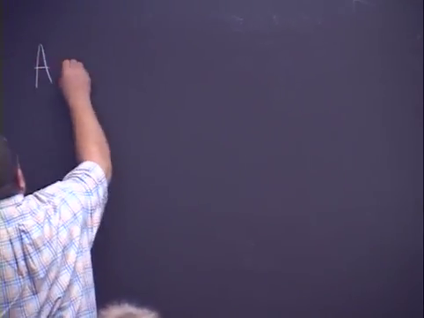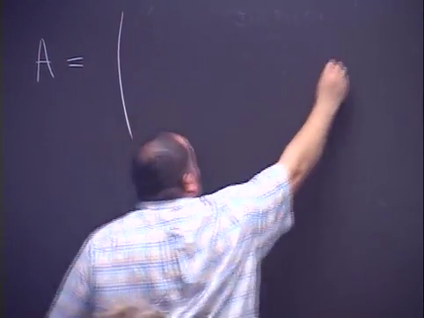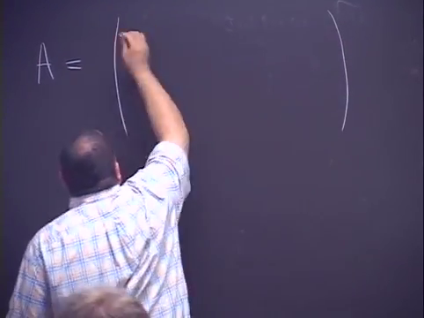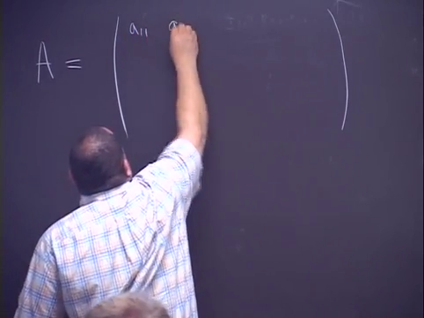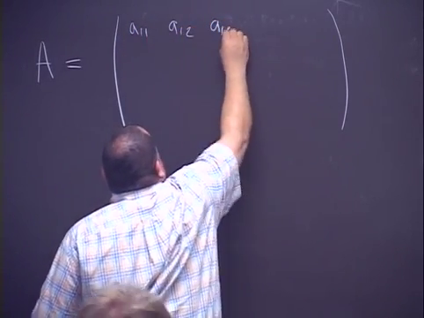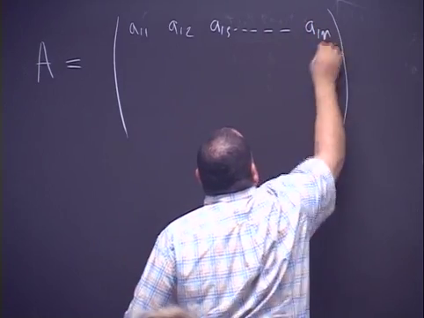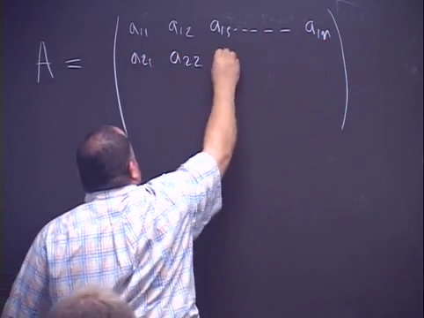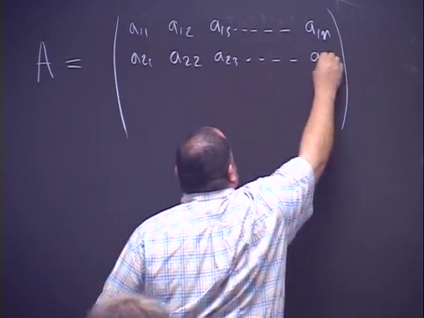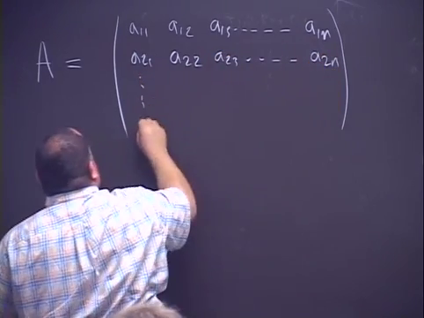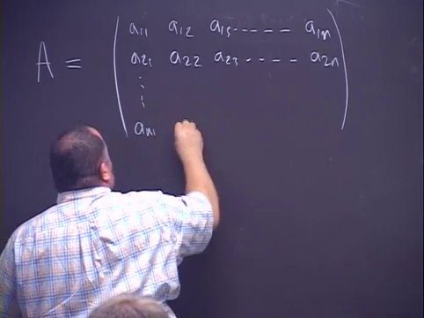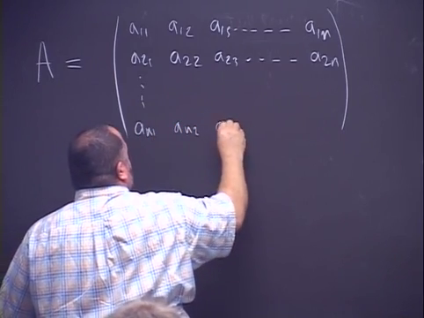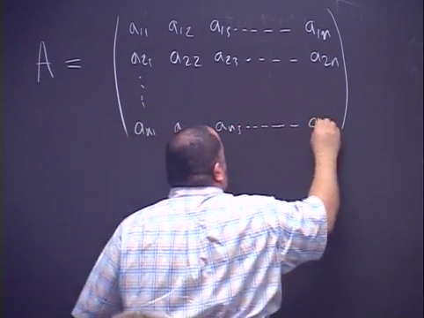So if we have the original matrix A, for example, a sparse matrix with millions of elements, A11, A12, A13, and so on up to A1n, then A21, A22, A23, up to A2n, and so on until AN1, AN2, AN3, up to ANn.